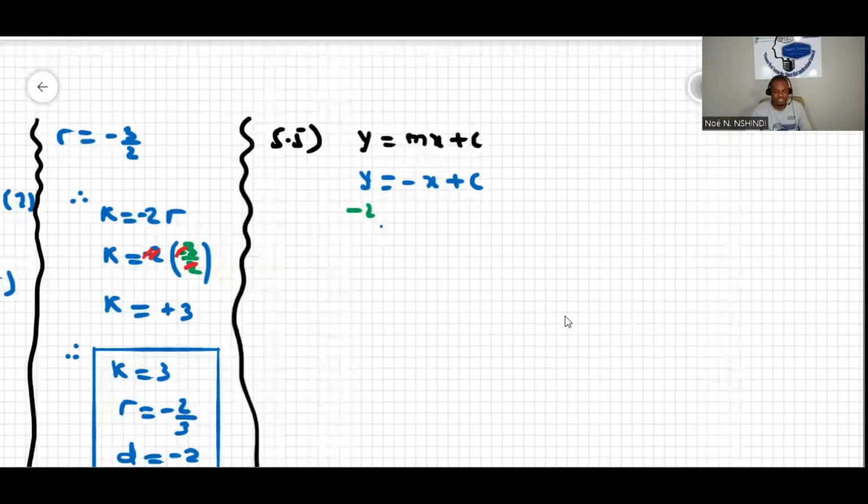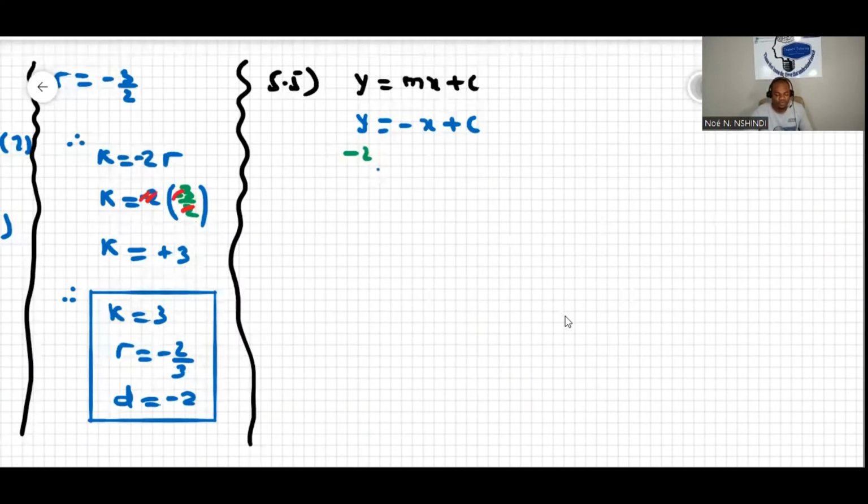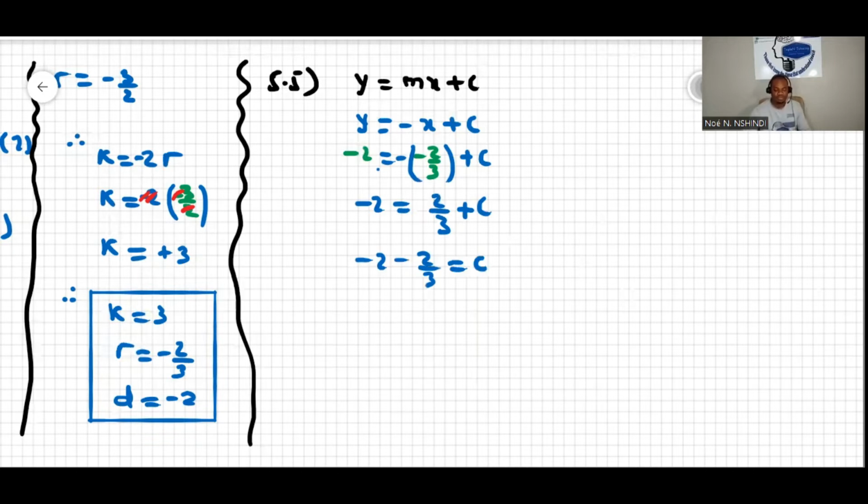Then sub in the value of -2/3 there for x. We have -2 equal to negative that plus c. That makes -2 equal to 2/3 plus c. Now we can move the 2/3 over. That makes -2 minus 2/3 equal to c.